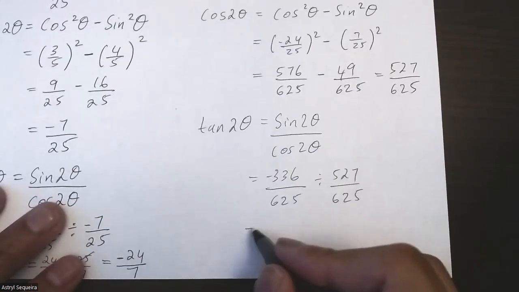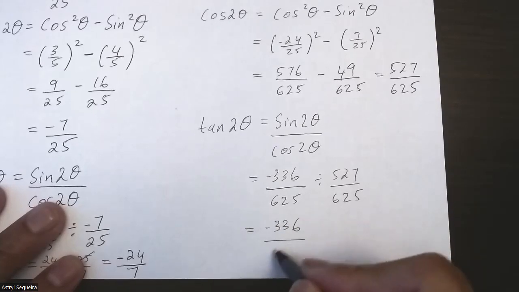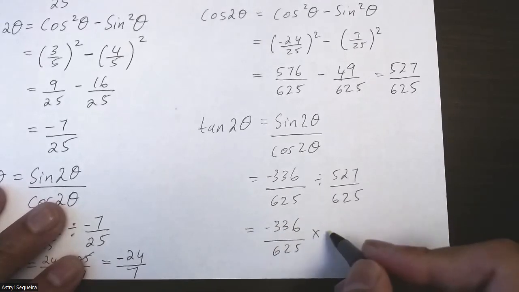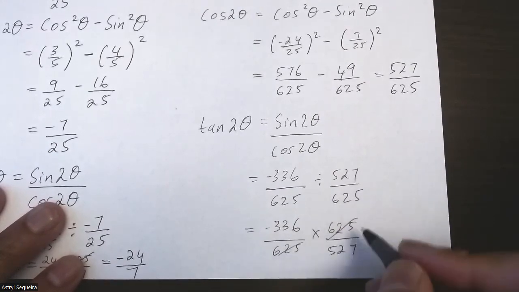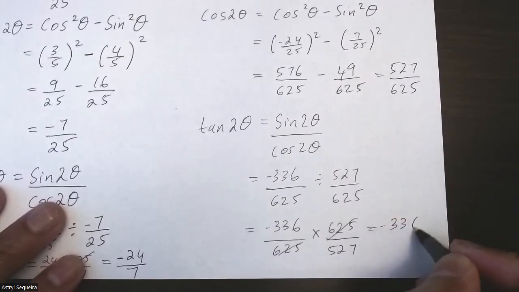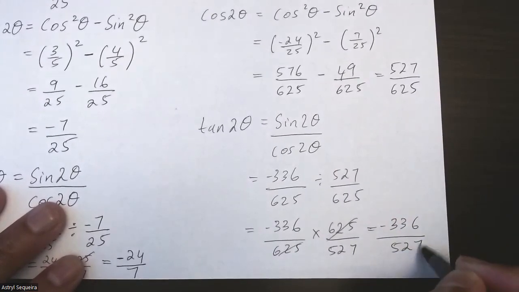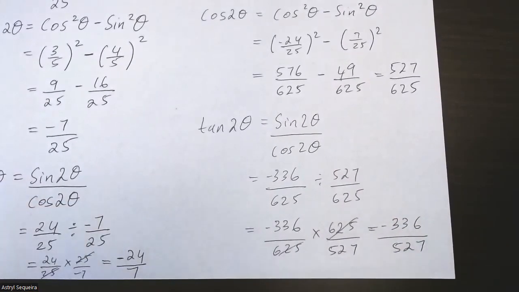And then it's pretty easy to do this mentally. You can just flip it. And these two cancel, and you're just left with negative 336 over 527. You can always use your calculator to see if you can simplify that, but this is basically the final solution for the question.